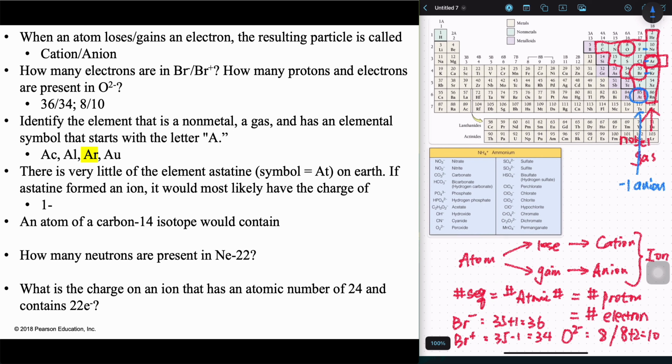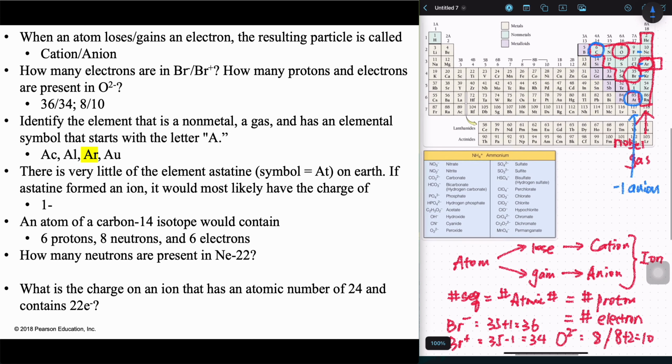Okay. Next question. An atom of a carbon-14 isotope would contain... Again, isotope. The definition of isotope is something that is the same type of element but has different numbers of neutrons.